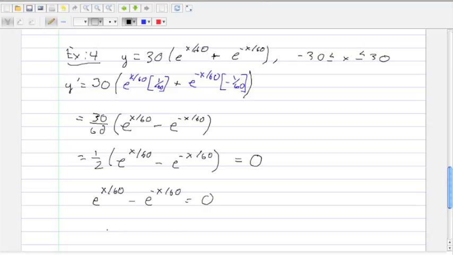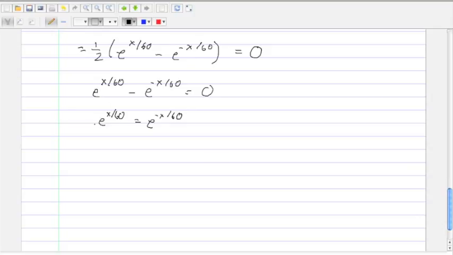So then this tells us that e to the x over 60 is equal to e to the negative x over 60. Again, these two numbers are going to be equal to each other if those two exponents are equal to each other.